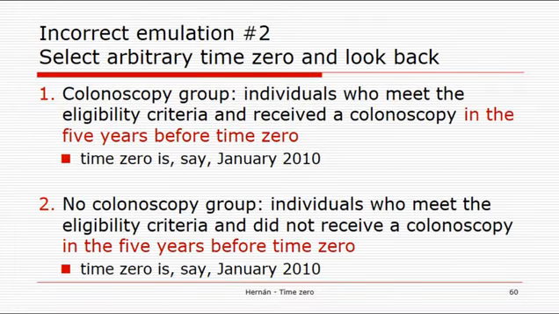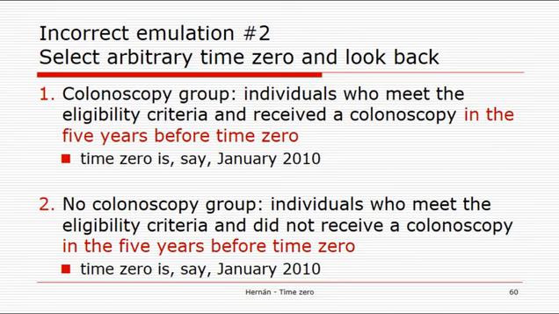Another way of doing this is, let's say you read a paper that says, we are going to put in the colonoscopy group everyone who met the eligibility criteria and received a colonoscopy in the 5 years before baseline. And in the non-colonoscopy group, everyone who met the eligibility criteria at baseline and did not receive a colonoscopy in the 5 years before baseline.